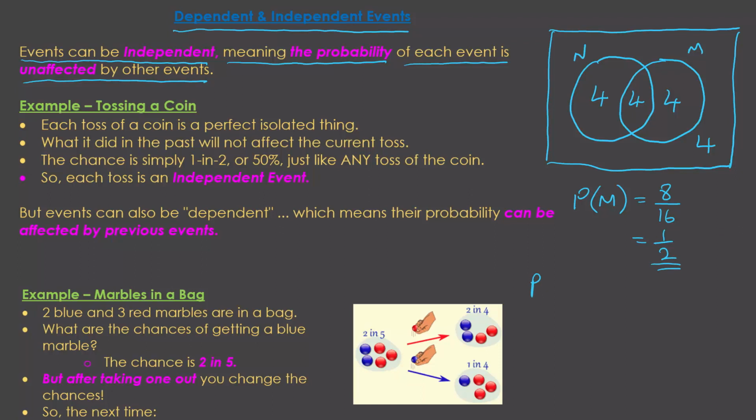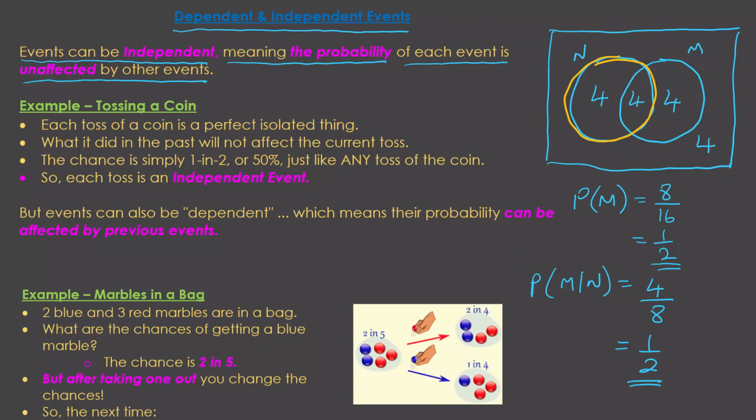If I ask you for the probability magazine given newspaper, then we know that we are only looking at the people in this section. But 4 of them like magazines out of the 8, so the probability is a half.